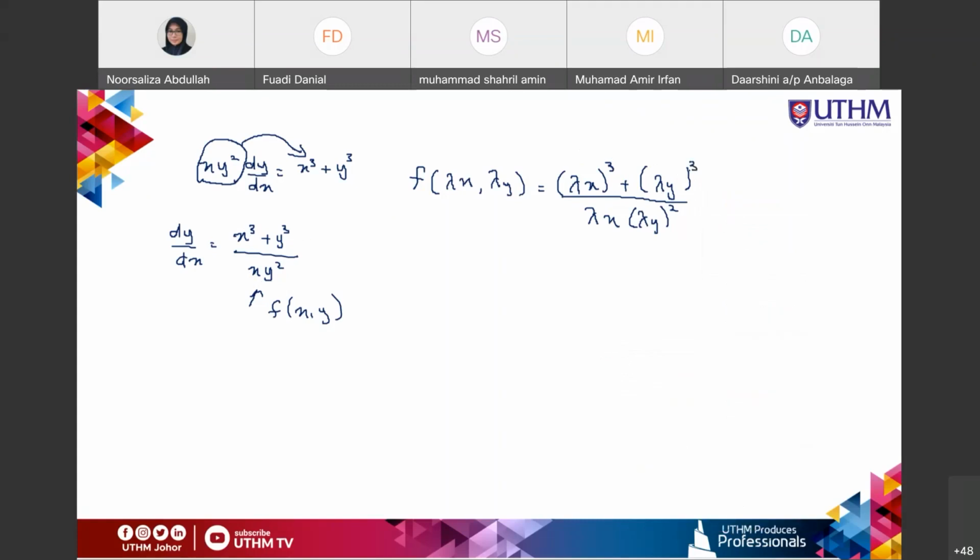This one will be lambda kuasa 3 x kuasa 3 plus lambda.